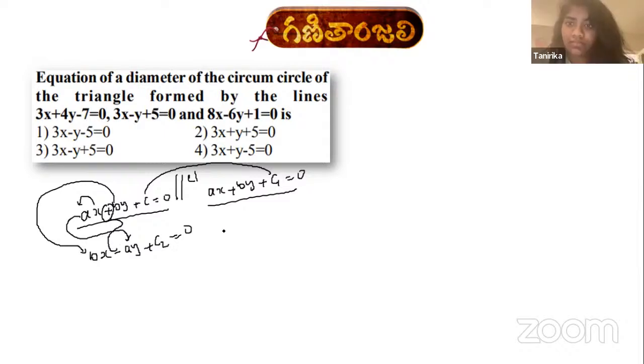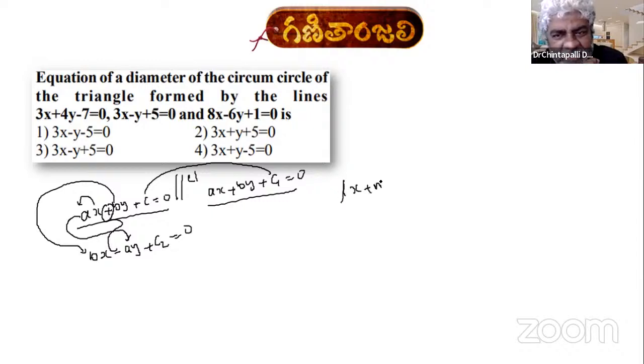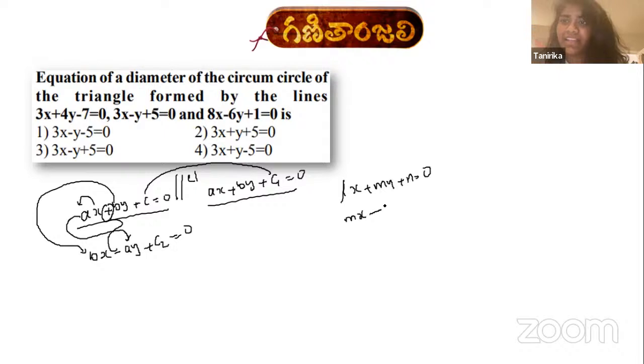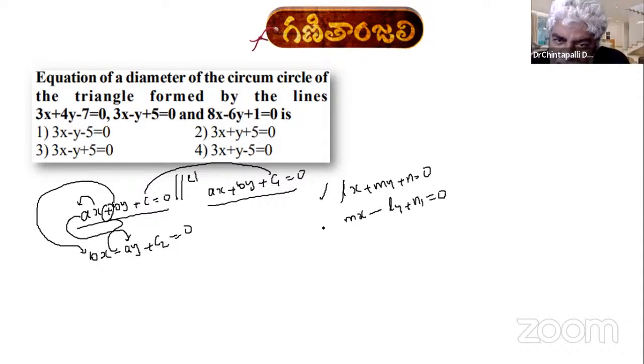Similarly, for the line Lx plus My plus N is equal to 0, another equation is Mx minus Ly plus some N1, or something like this. These two are perpendicular lines.